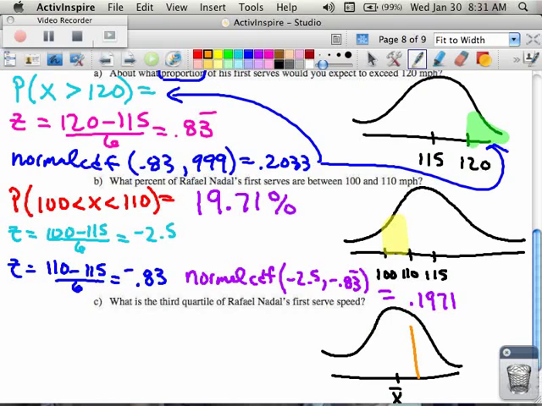So 75% would be somewhere over here. And they are talking about all of this stuff right in here. And we know that that's 75% if I'm in the third quartile. So to figure that out, I would do inverse normal, because I'm looking for the z-score this time of that 75% of my data.